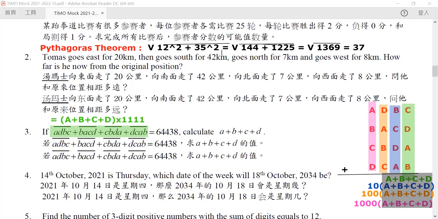So now we have two expressions for the same number: A plus B plus C plus D times 1111 is exactly equal to 64438. If we divide both sides by 1111, we immediately get the value. A plus B plus C plus D is equal to 64438 divided by 1111, and hence it equals 58. This is our answer.